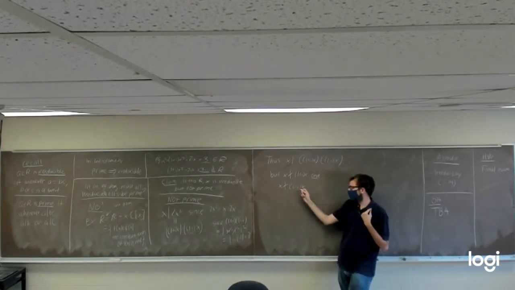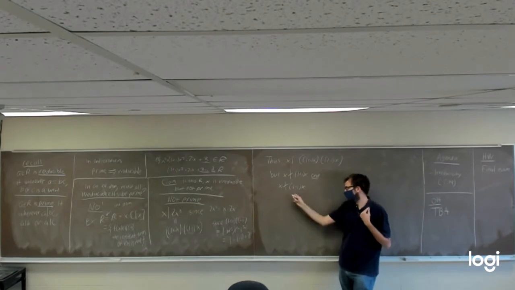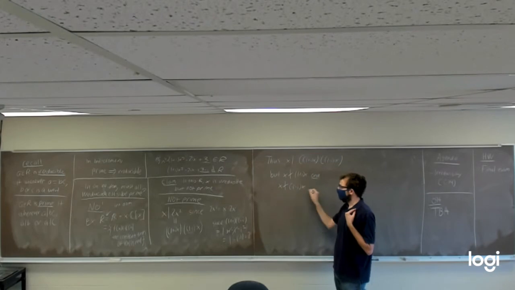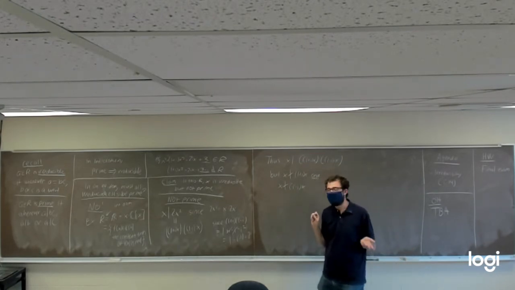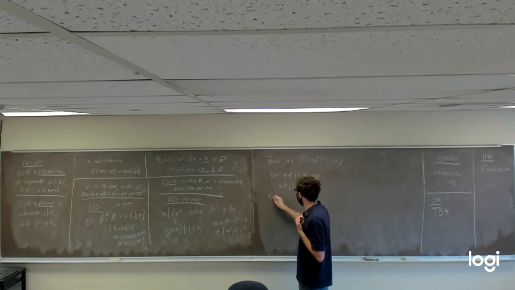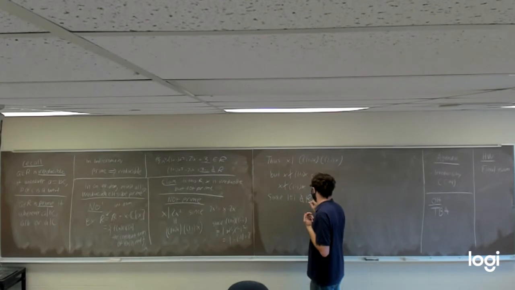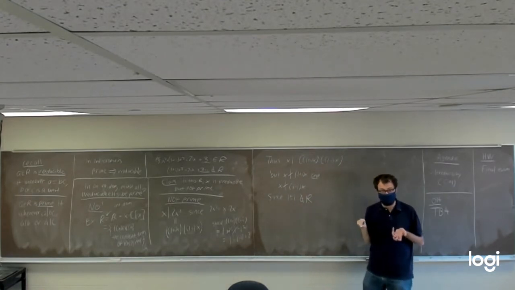And if x were to divide the other, x times (1 minus i) would give us that. But here's the catch: 1 plus i and 1 minus i are not elements in our ring.